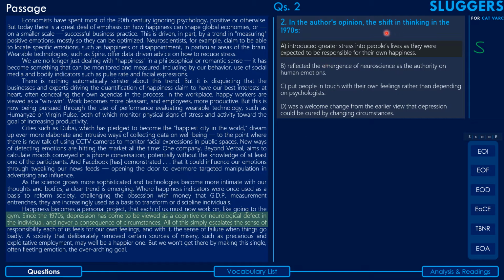Let's look at the rest of the options now. The second option says that the shift in thinking in the 1970s reflected the emergence of neuroscience as the authority on human emotions. Now, guys, no aspect of this option, be it the emergence of neuroscience or neuroscience becoming an authority on human emotions, none of these aspects have been mentioned anywhere in the passage.